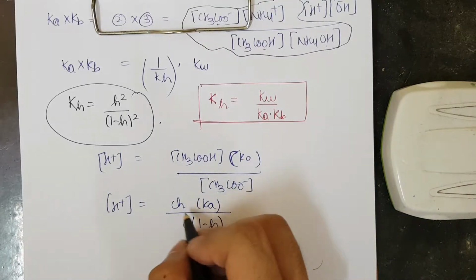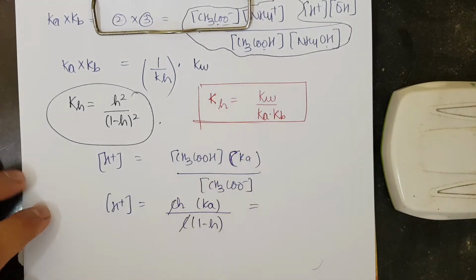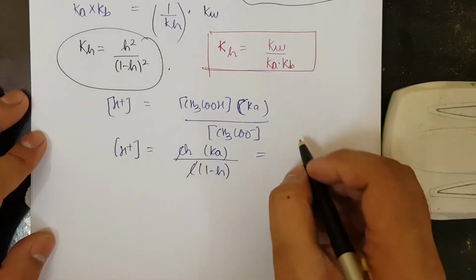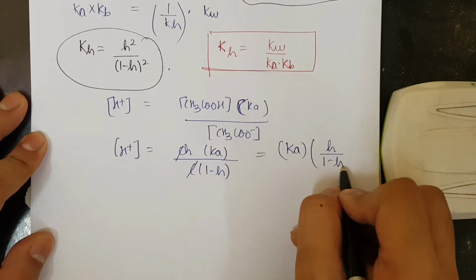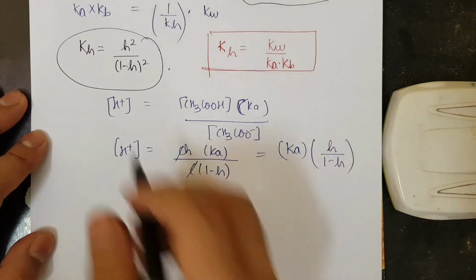I hope it is clear to you. C and C get cancelled out. So we get the result to be equal to Ka into h by 1 minus h. Now what is the value of h by 1 minus h?